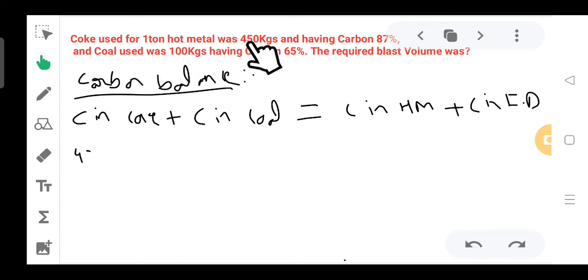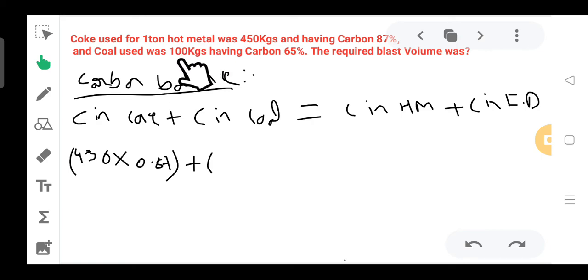Carbon in coke: we are charging 450 kgs, multiplied by 87% carbon in coke, so 0.87, plus carbon in coal: we are charging 100 kg, and the carbon within this coal is 65%.